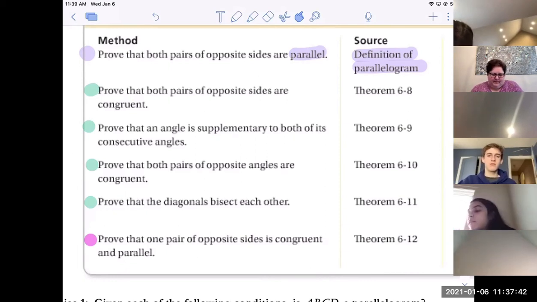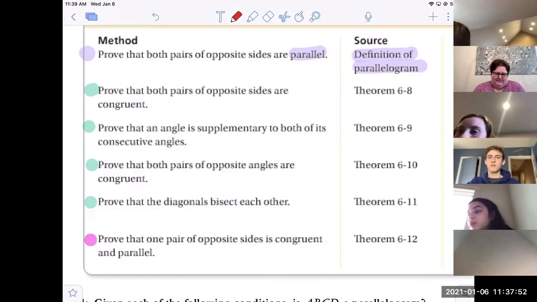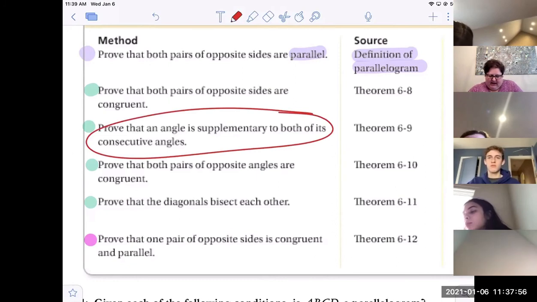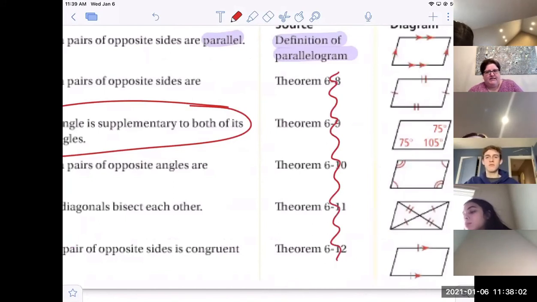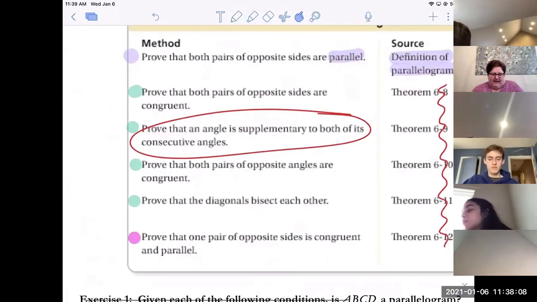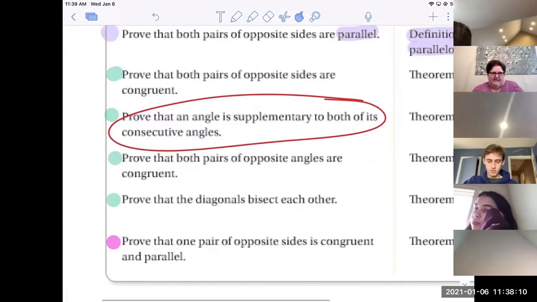Theorem 6-9. Okay, it's kind of like this one, right? Actually, I didn't say this at the time, but I don't care about the numbers of these theorems. I just need you to understand that the first one's a definition and all the other ones are theorems. But yeah, the third one. It's kind of like that one, right? But why is it not that one?